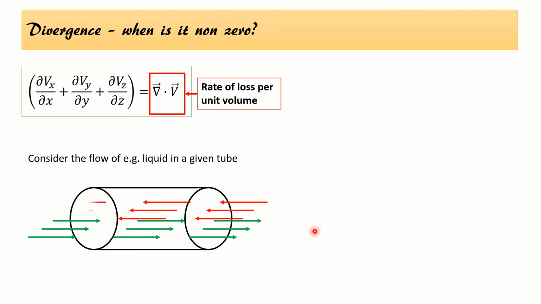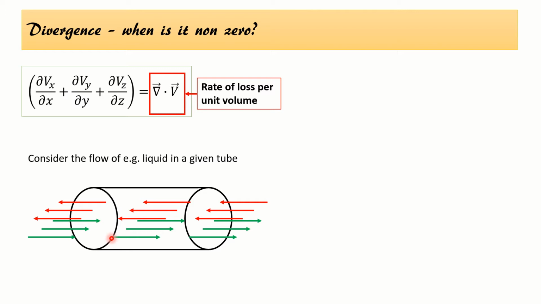And if, let's say, there is another flow of liquid which goes from the right to the left, and if these two rates of flow are the same, then you will have the divergence equal to zero. So as we go from a time t equals 0 to a time t, the rates that go from the left to the right and the right to the left are the same, and therefore the divergence is equal to 0.